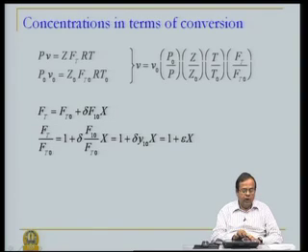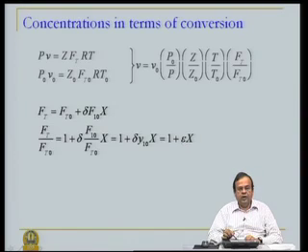So, we have the inlet molar flow rate and exit molar flow rate, Ft and Ft0, related to each other through this set of equations. Ft by Ft0 in its final form we will get as 1 plus epsilon x.